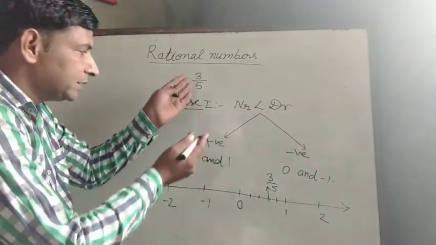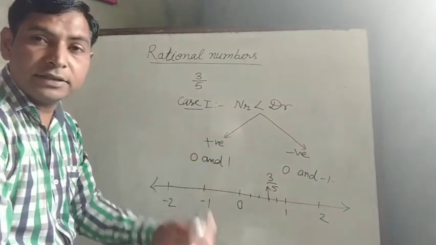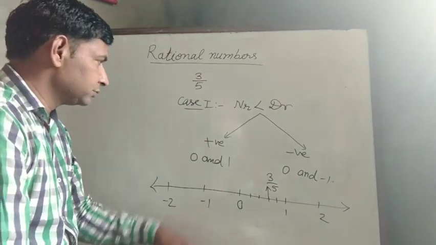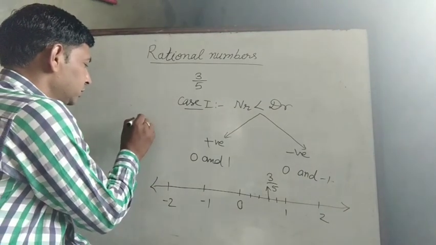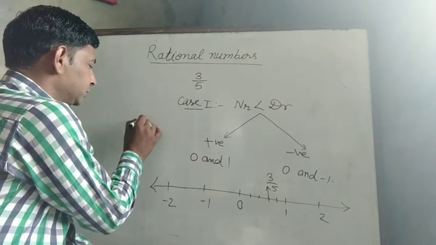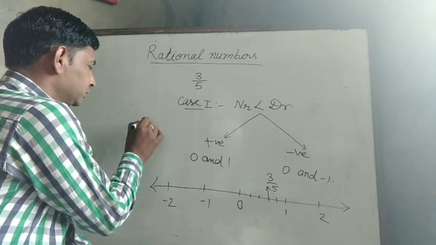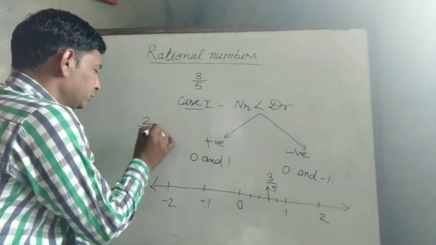Now, if this number is negative, let us see another number, minus 2 upon 3.